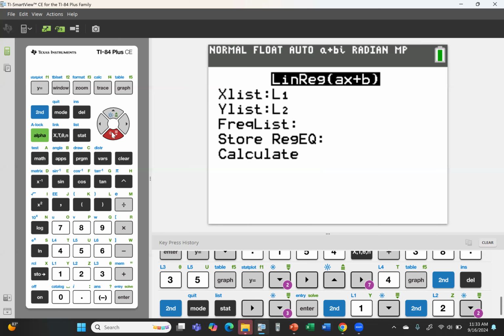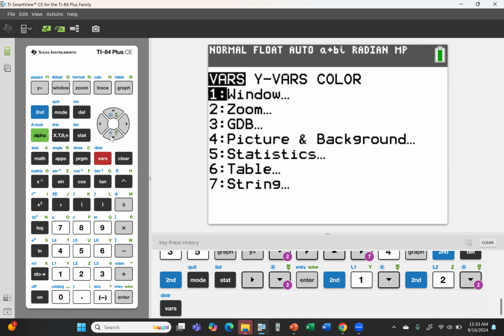So I'm going to store that regression equation in one of my y equals. So what you do, you see the variables menu just to the left of your clear button? You're going to go there. And if you look at the top, the second menu over, do you need to leave? Okay. Oh, you can. The second menu to the right is your y variables.